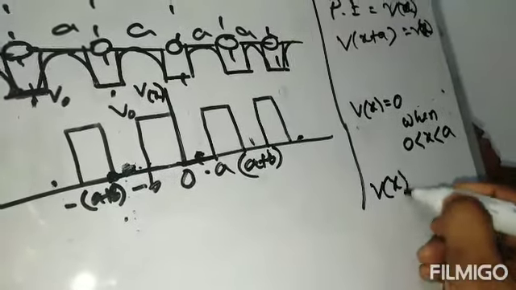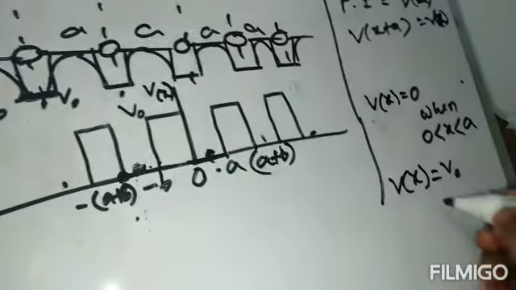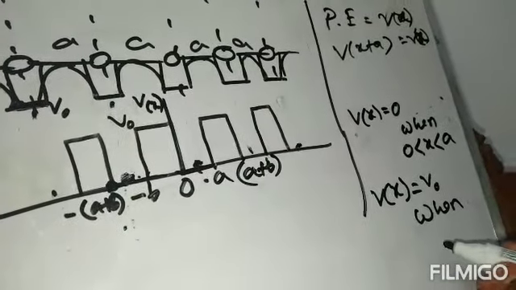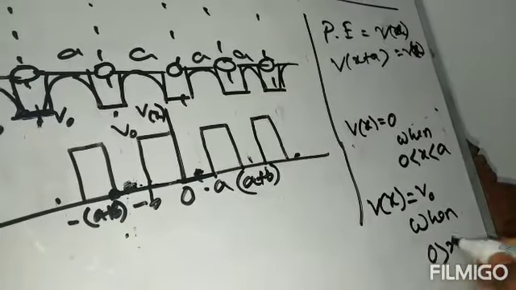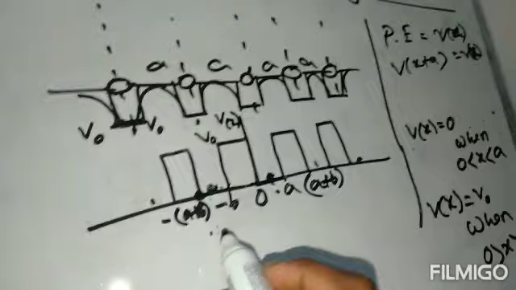Again, V(x) equals V naught when x is less than 0 and greater than minus b.